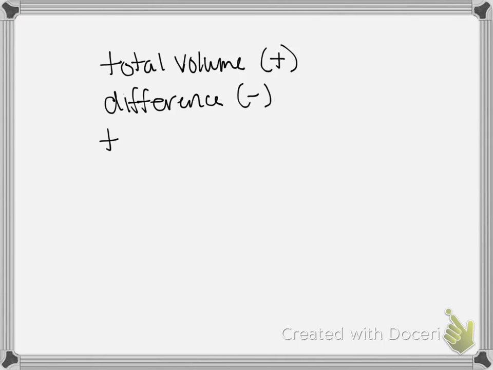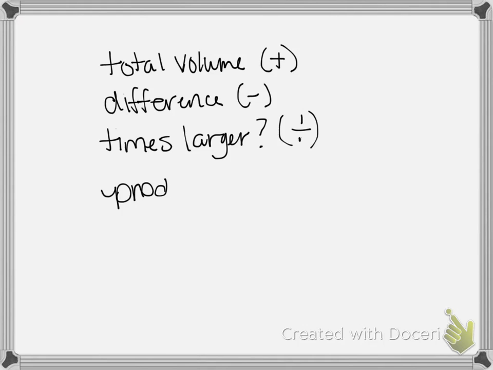If I say how many times larger is one than the other, that is usually divide. And then we could say, what is the product of their volumes? We know that that means to multiply. So that's simply just from knowing what our words mean in word problems.